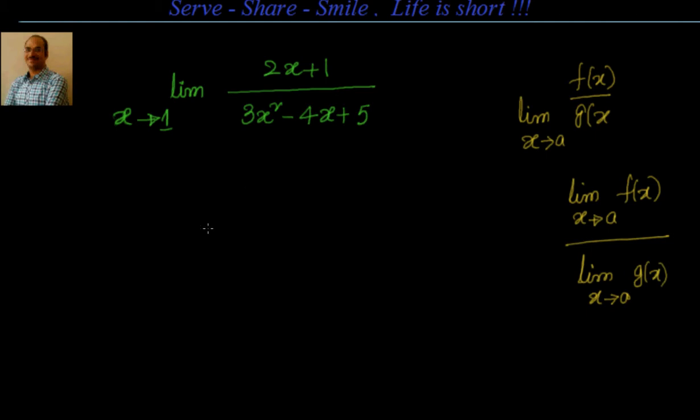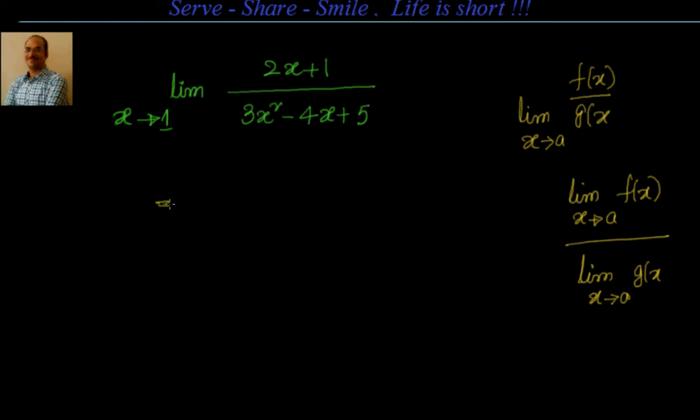You can separate them and take them as two limits, or you can directly substitute the values. So I can say limit x tends to 1. We will not take them as separate. If we don't take them as separate, we will directly substitute the values.